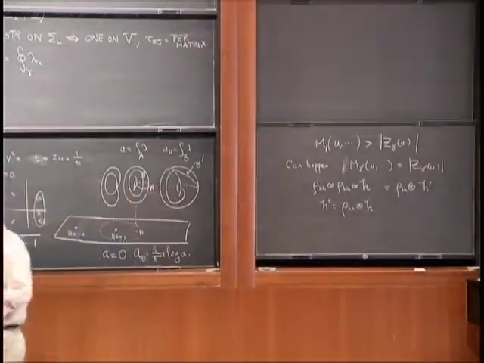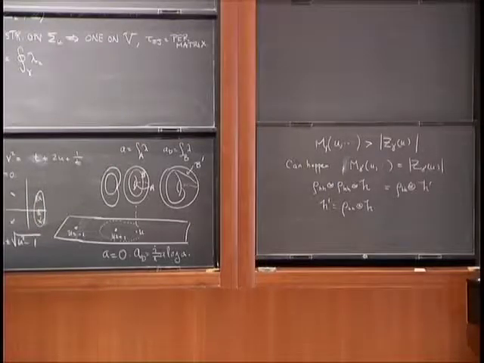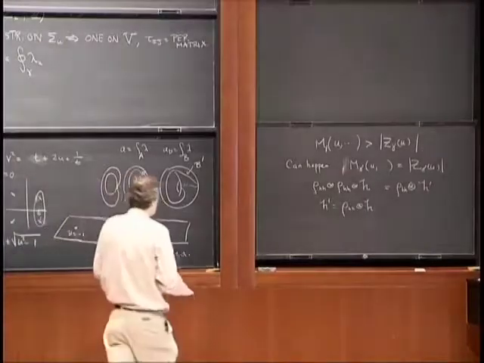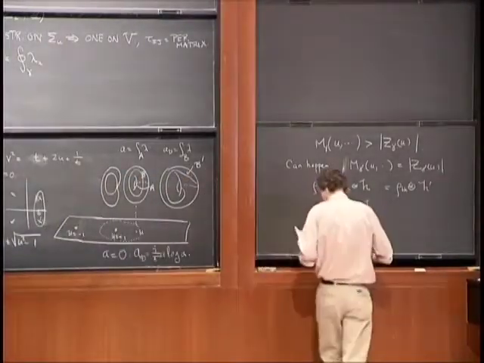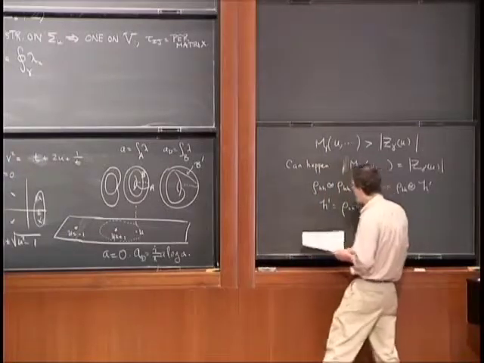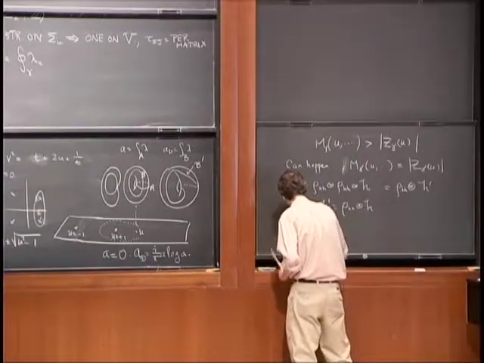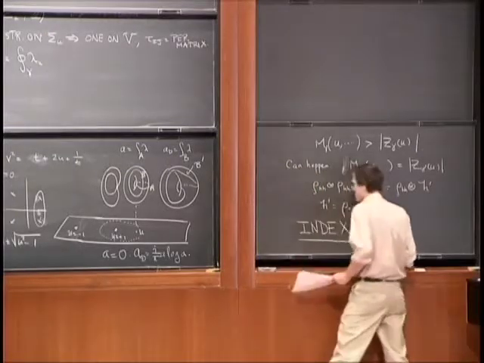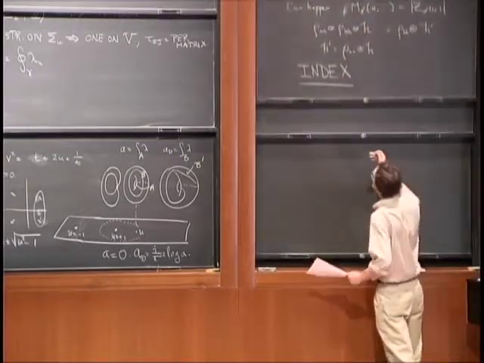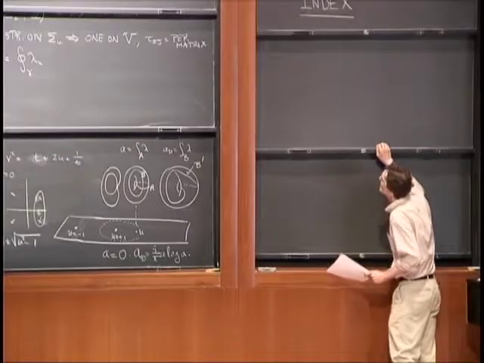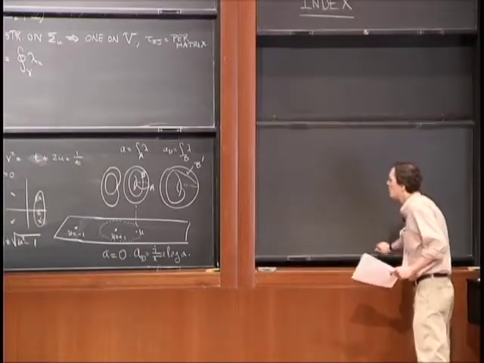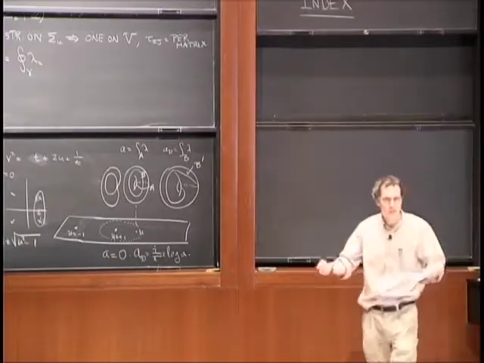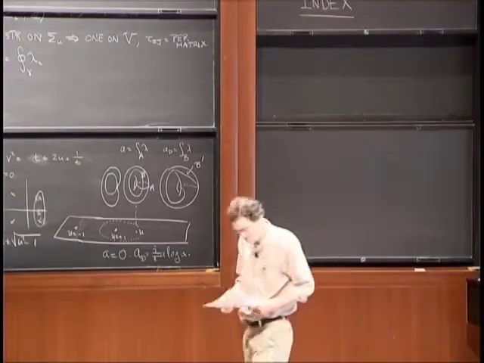We want to find some kind of way of counting that discounts those kinds of fake BPS representations, and that also doesn't count the long representations. So what we're looking for is an index. We're looking for some function that vanishes on long representations, but doesn't vanish on true, if you like, short representations.